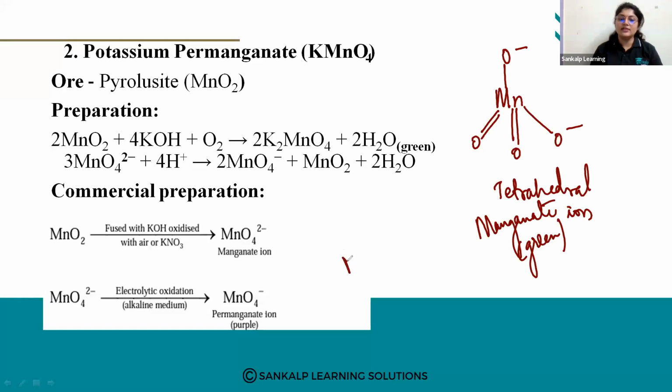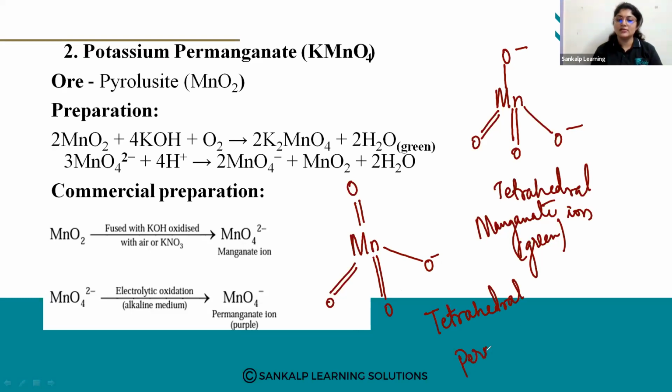Then the permanganate, which is also tetrahedral. Permanganate is a purple ion. So this is the structure of permanganate.